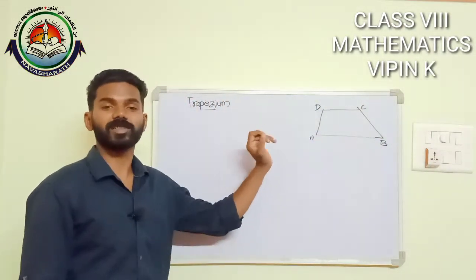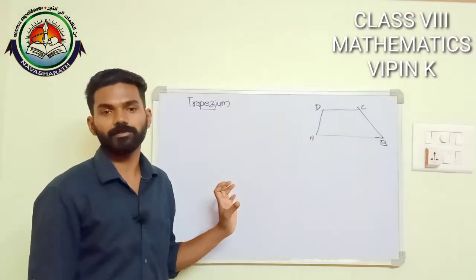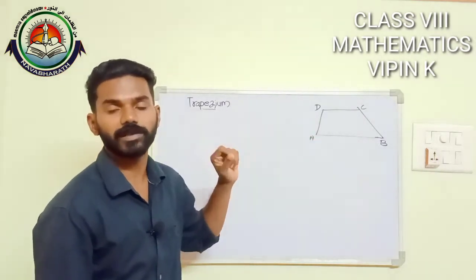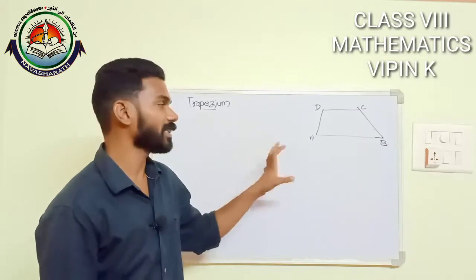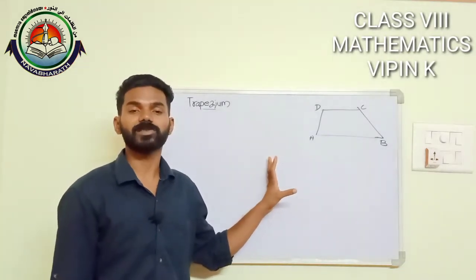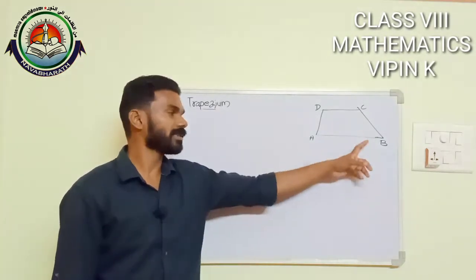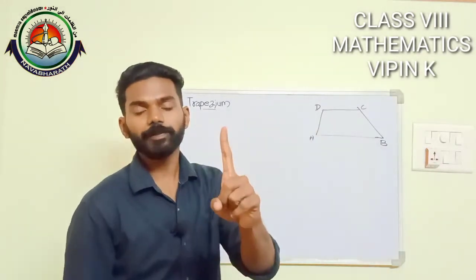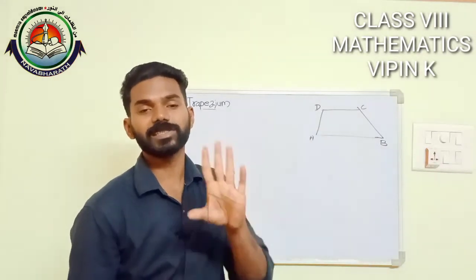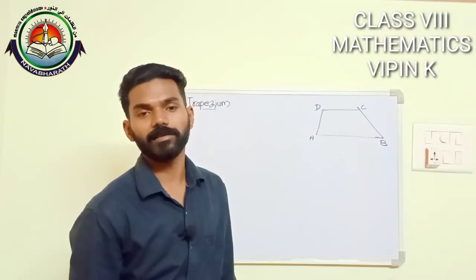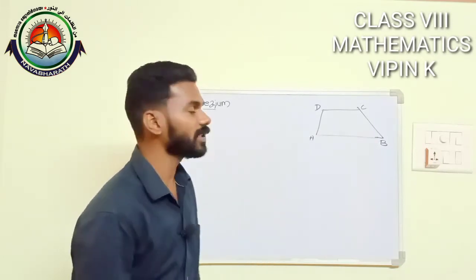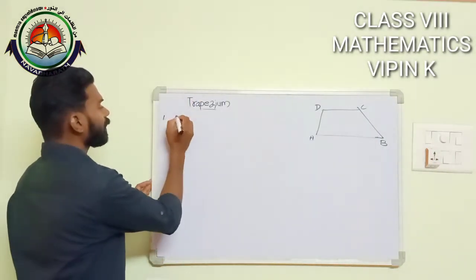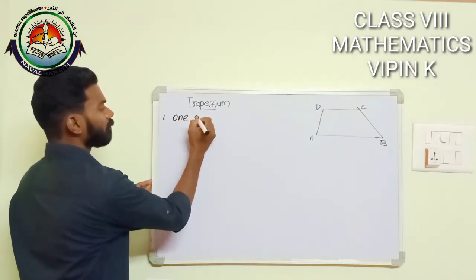And do you know what is the property of a trapezium, or what is the speciality of a trapezium? The speciality of a trapezium is that one pair of opposite sides would be parallel. One pair of opposite sides would be parallel for a trapezium.